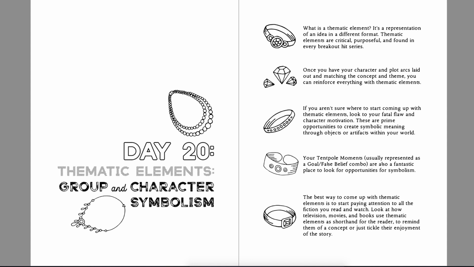So the skeleton that we talked about in the first 10 days, which consists of the theme, the worldviews, the groups, the characters, the relationships between the characters, fatal flaws, character arcs, everything that we talked about in those first 10 days, this is really just leaving those hints for the reader.